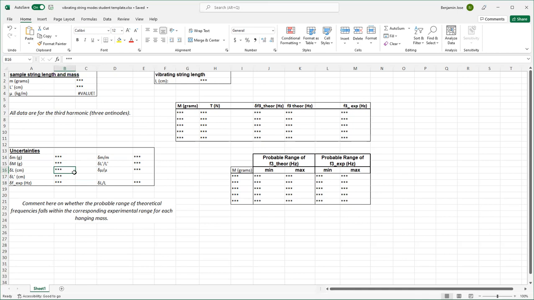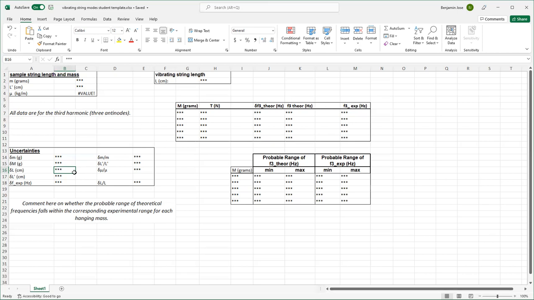It's a little easier to come up with a value for the uncertainty in the vibrating string length because remember, one end of the string is wrapped around the pulley. So it's not totally clear where that node is. Is it at the center of the pulley wheel or slightly off to the side? And then when you look at the other node at the stem of the oscillator, that node may not actually be at the stem.